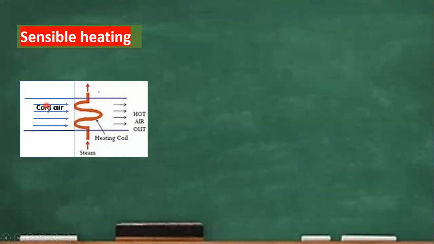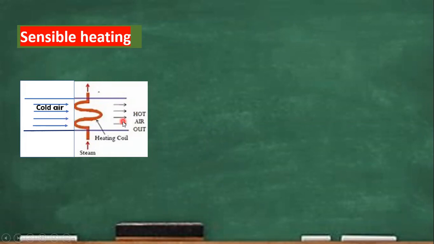Now when the cold air passes over the surface of this heating coil, the heating coil temperature is more than the cold air, so heat exchange takes place from the hot fluid to the cold fluid. During this, the cold air will become hot air at the other end.